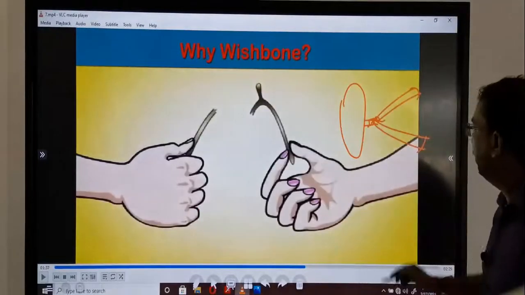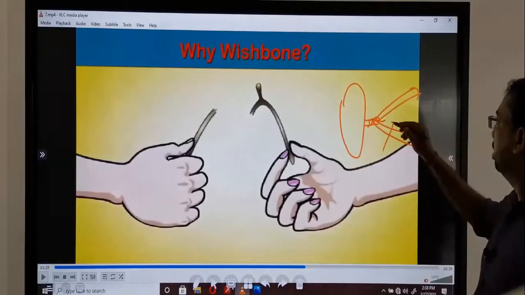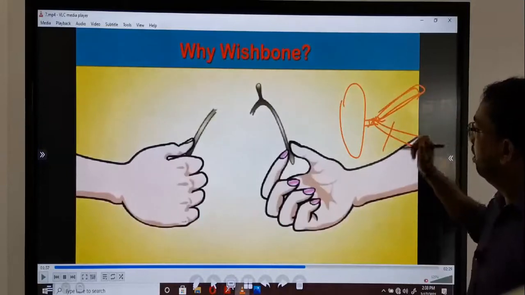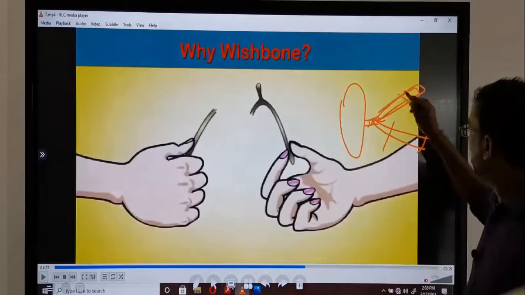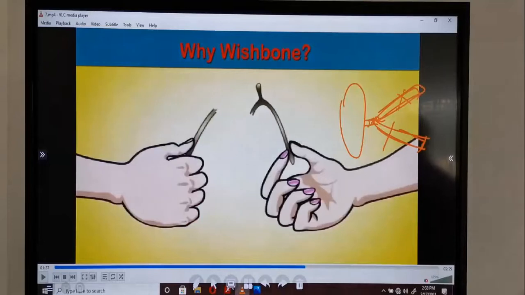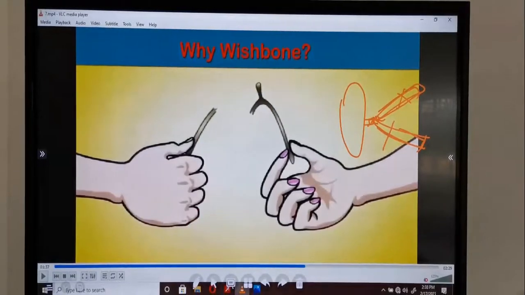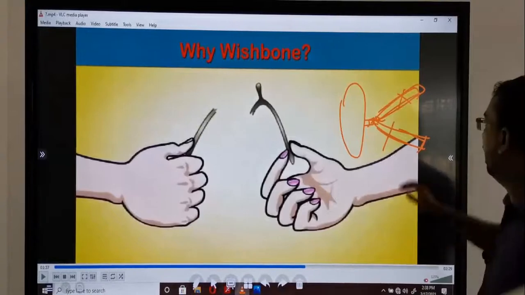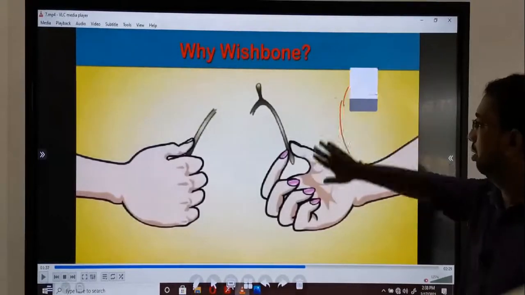If it breaks on this side, the other wishbone controls and balances the vehicle. If it breaks on that side, it gives balance and support to the vehicle. That's why the arm is shaped like a wishbone.